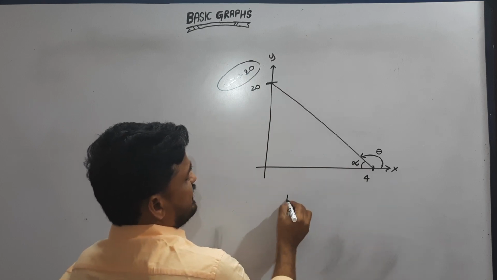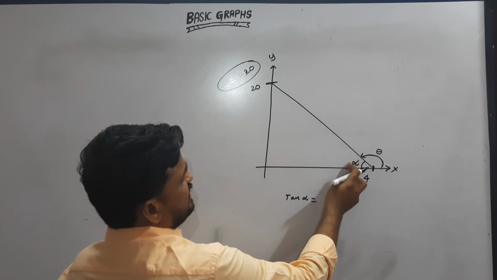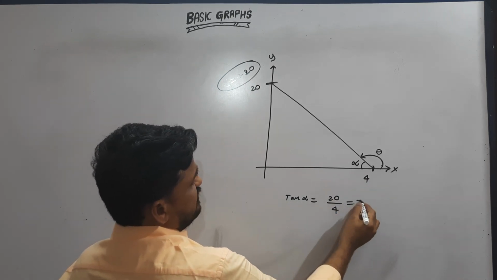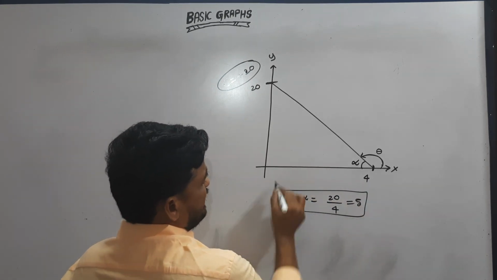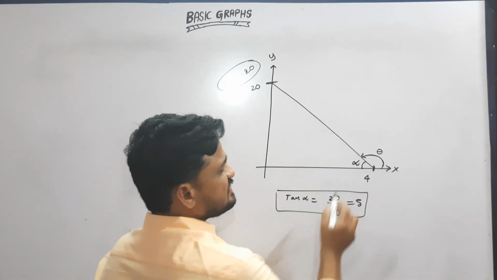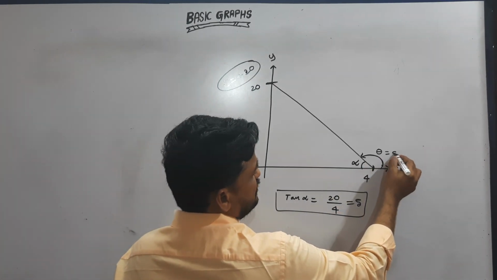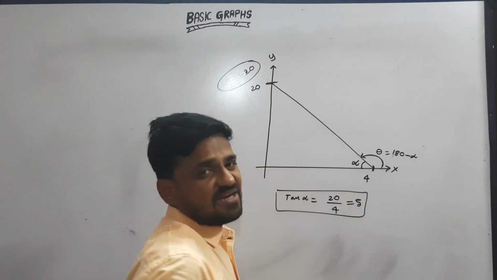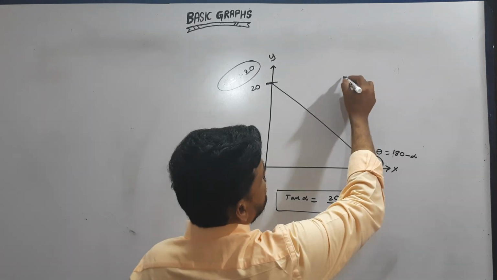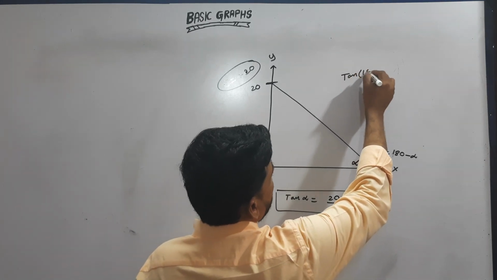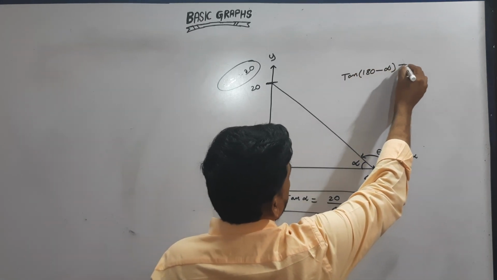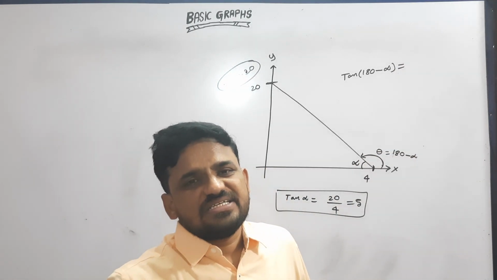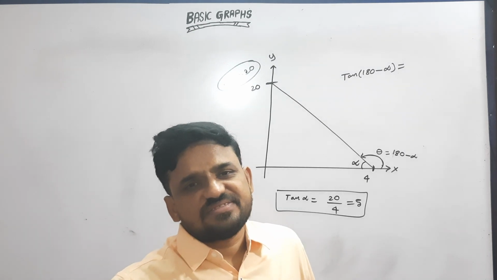Apply the trigonometric relation: tan alpha equals opposite side by adjacent side. We get tan alpha value 5. Theta is 180 minus alpha. We know tan of 180 minus alpha: 180 minus alpha means second quadrant.